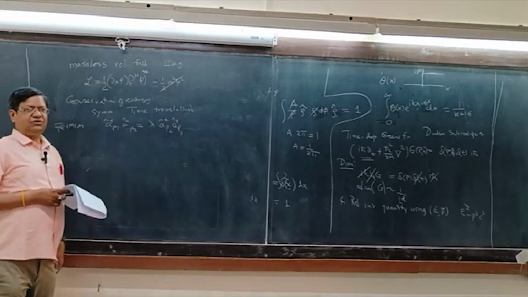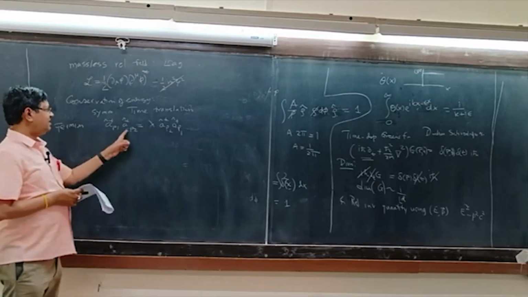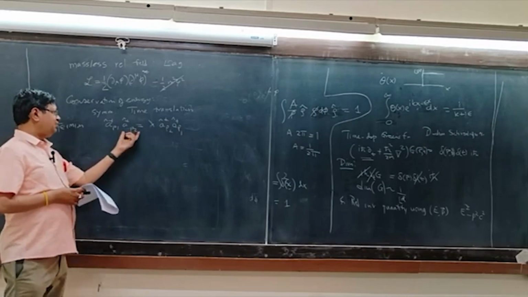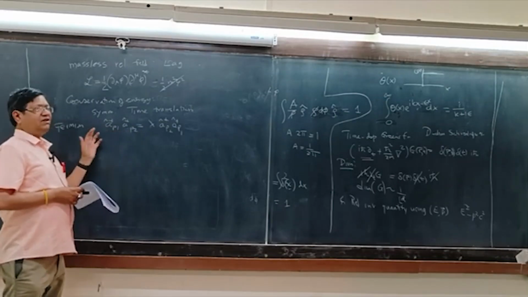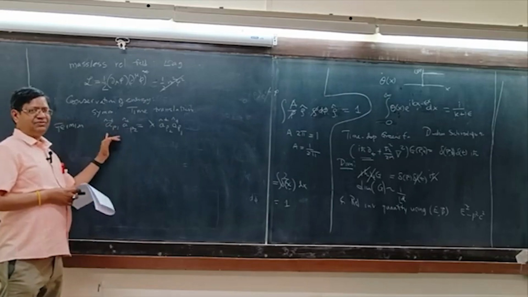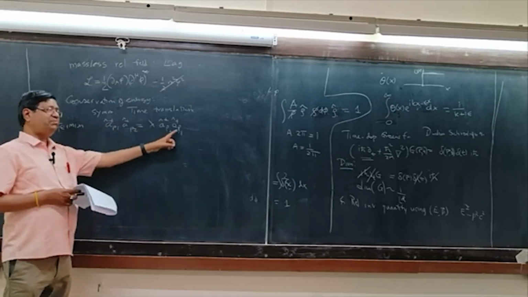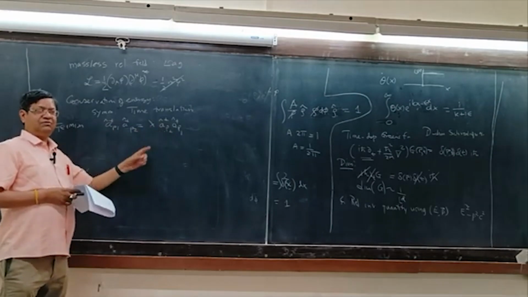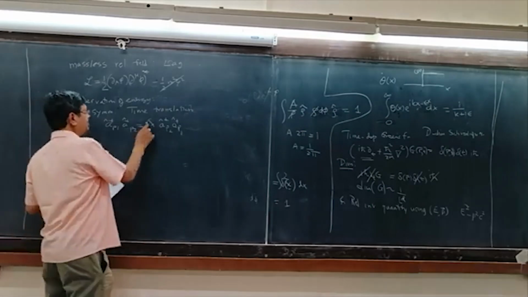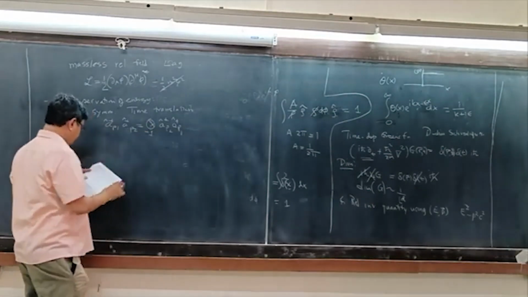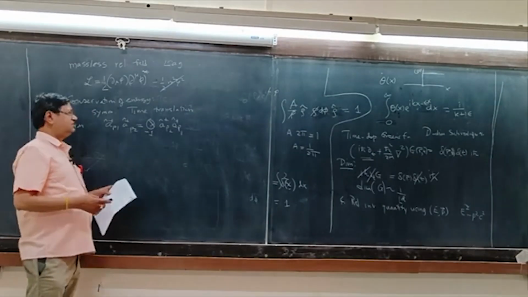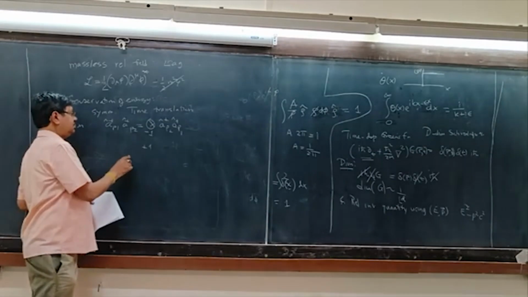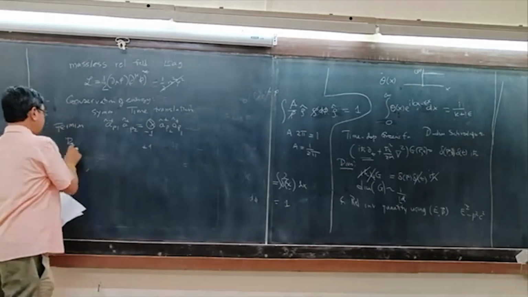So it anti-commutes, not commutes. If I create a particle p2 then p1, you get a wave function p2 p1, which is antisymmetric to p1 p2. So lambda is minus 1 for fermions, and for bosons the wave function is symmetric, so it is plus 1.